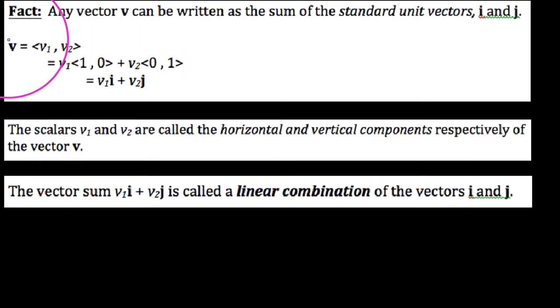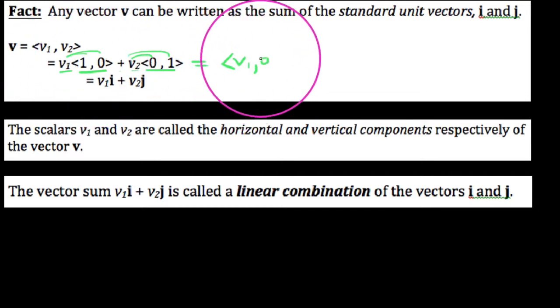Any vector v, which is v1, v2, we could rewrite as v1 times this vector here plus v2 times this vector here. Remember, when you scalar multiply, you can just distribute through these. So v1 times 1 is v1, and v1 times 0 is 0.